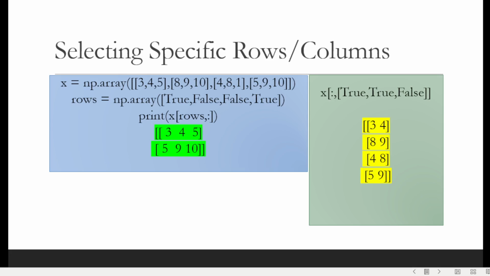So we will use this array as the first subscript for rows in the two-dimensional array, and for the columns we are using the colon operator, which will select all the columns. So it will return the first and last row because the values for the second and third row are false.